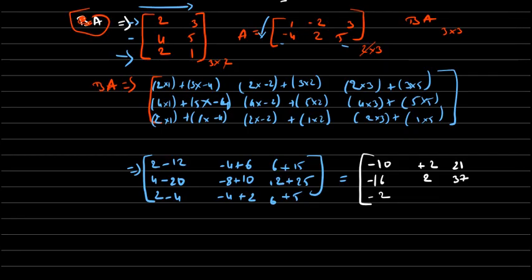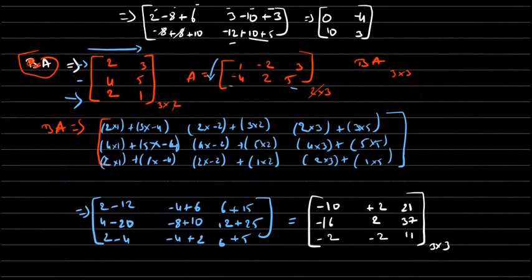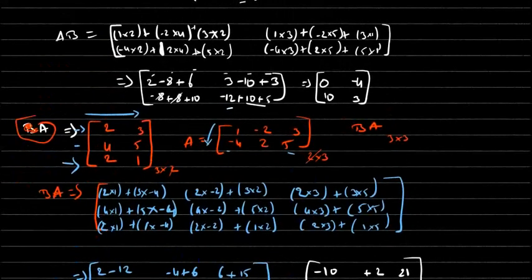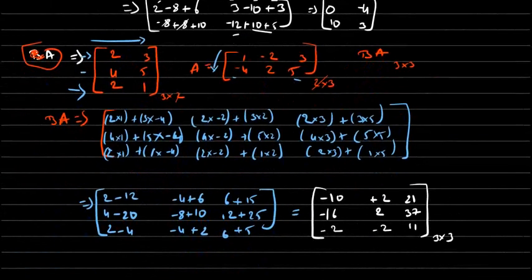3 rows and 3 columns are there. You can check your answers in this book. 2, 2, 2, 2, minus 2, 21, 37, 11. Okay, I hope, see, here we got AB, and we got BA here. But still, since it is not a square matrix, AB is not equal to BA.